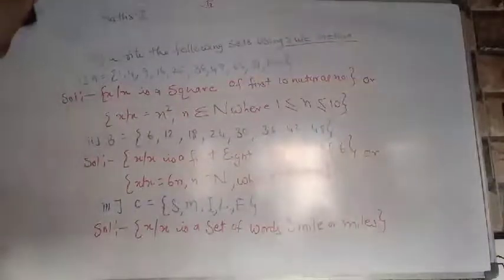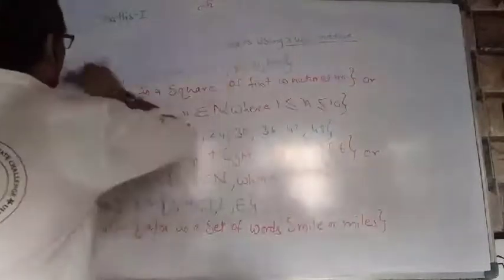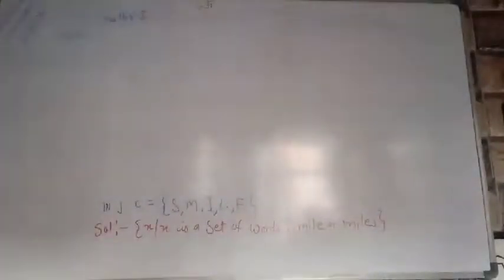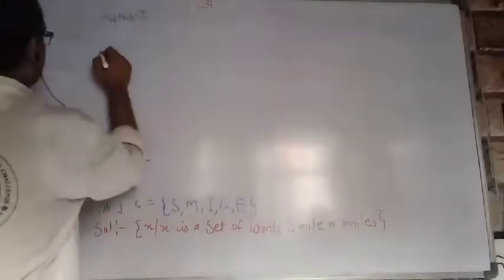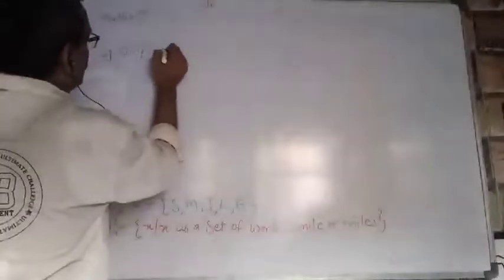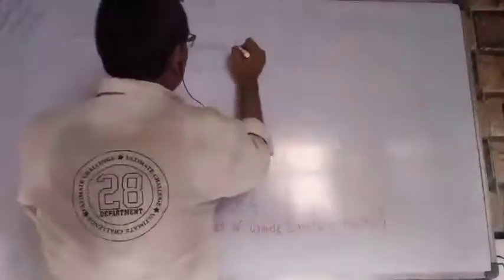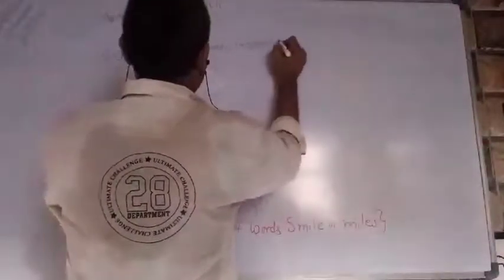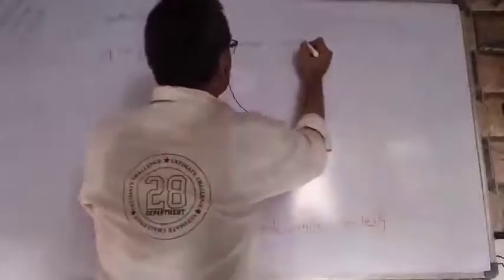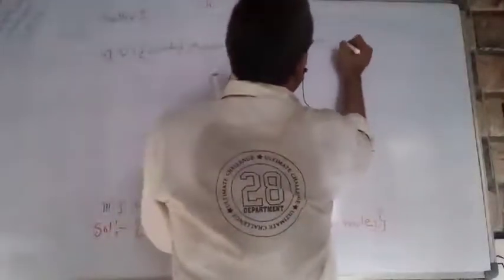Now the fourth question. Fourth and fifth question, we rub the board. The fourth question is given in your textbook: D equals the 7 days of a week. Already I am saying the answer. It is the set of 7 days of a week.